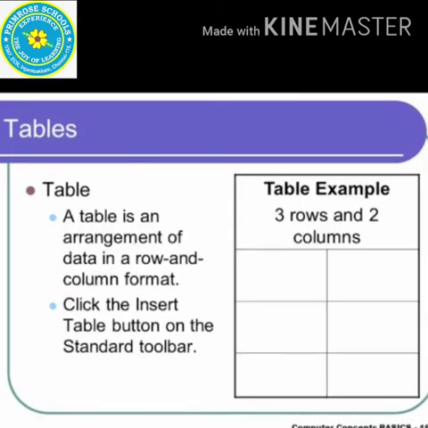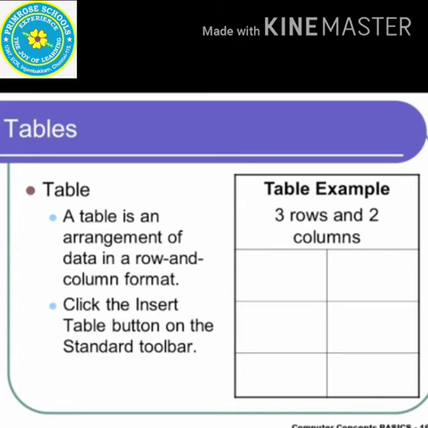Tables are an important tool in Word document. We can create a student mark sheet using tables. A table is an arrangement of data in row and column format. To enable the table option, click the Insert Table button on the standard toolbar. You can choose the number of rows and number of columns.